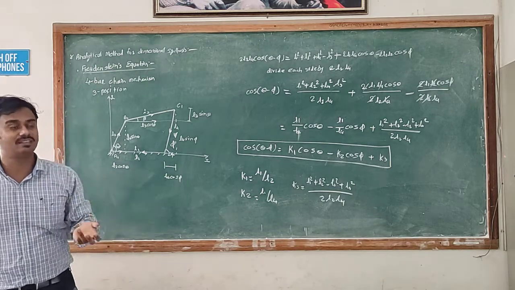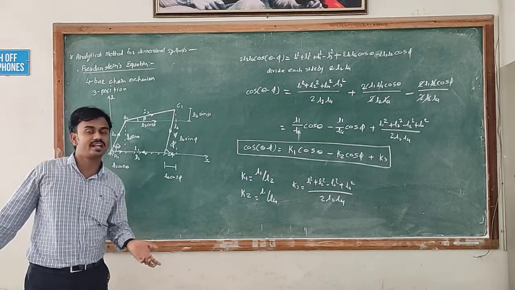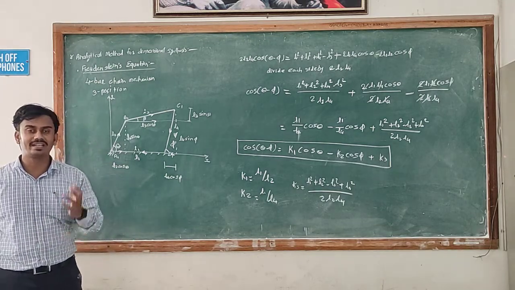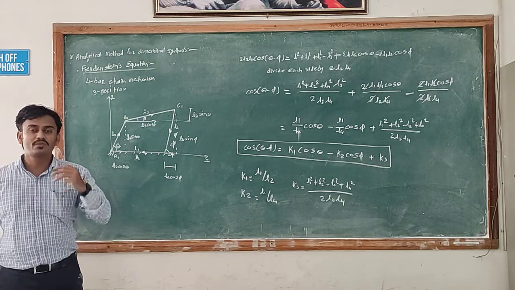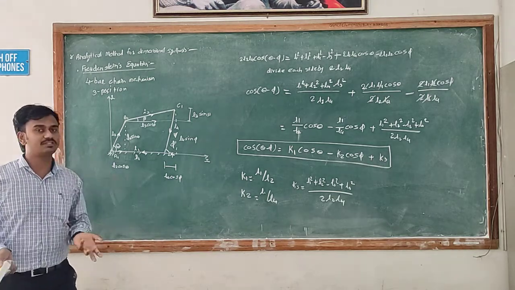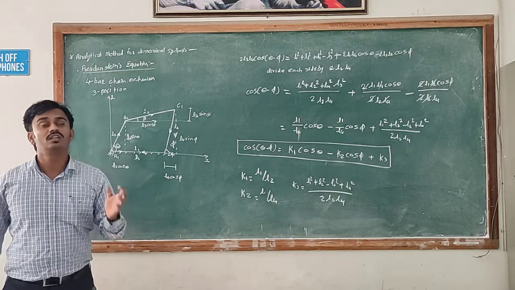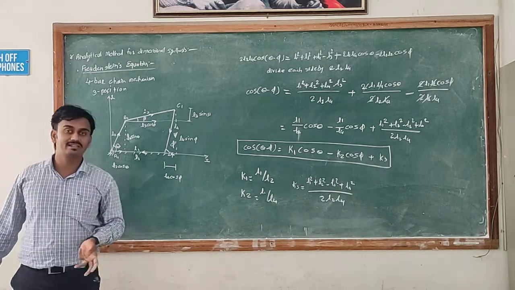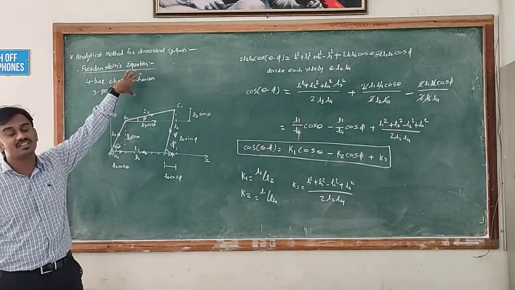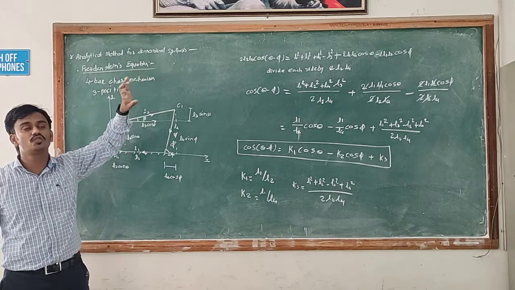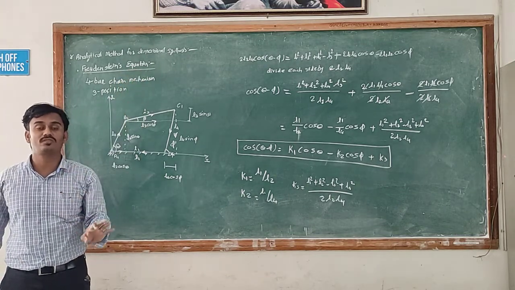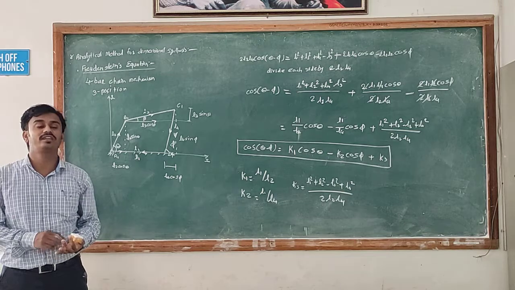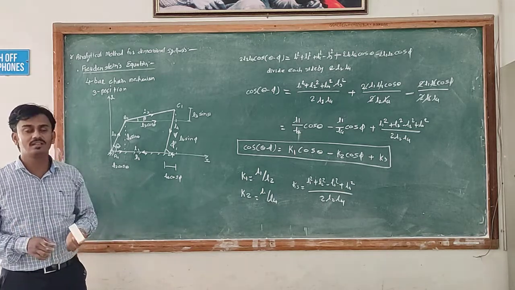The graphical method is different; in the analytical method we have equations, and by solving them we can find out the dimensions of the mechanism.